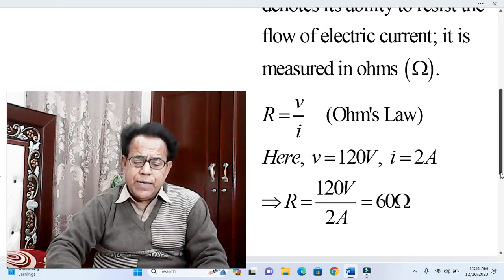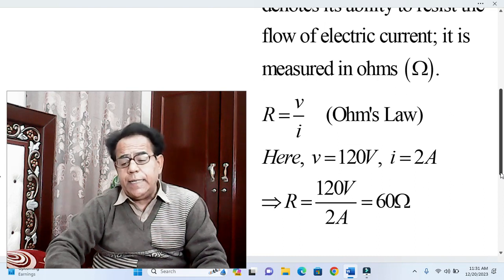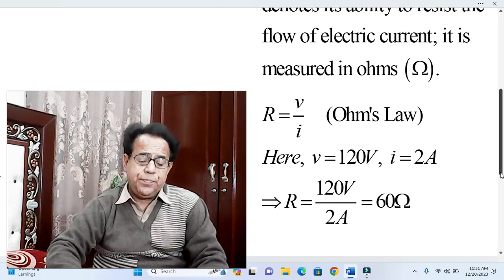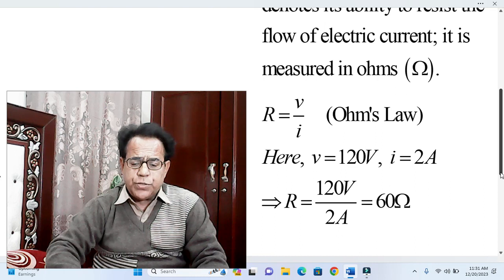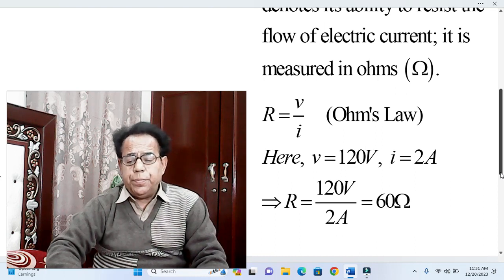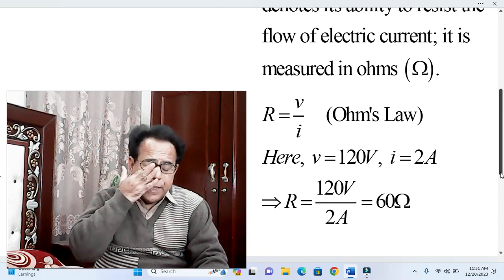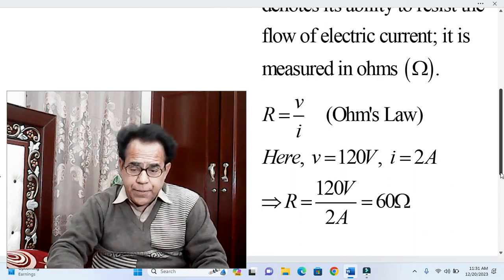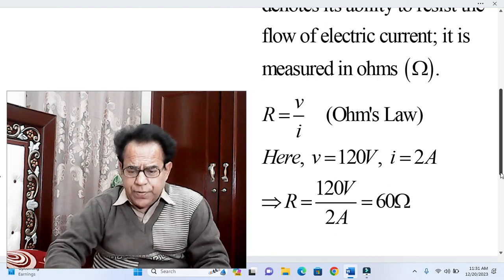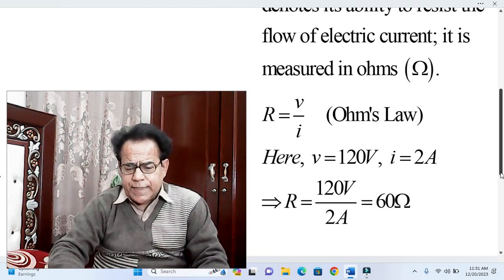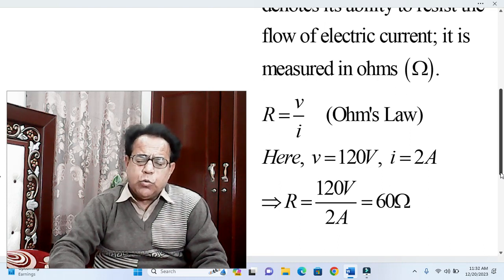Dear students, here V is given as 120 volt and I is given as 2 ampere. This implies that R will be equal to 120 volt over 2 ampere, which is equal to 60 ohm, because ohm is equal to volt over ampere. One way to write this is simply R equal to 120 over 2 equal to 60 ohm.